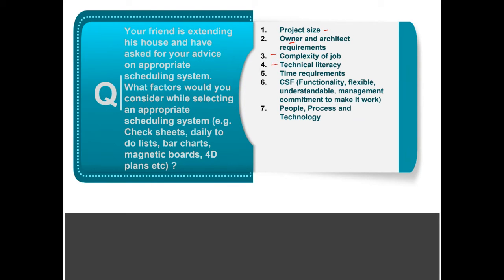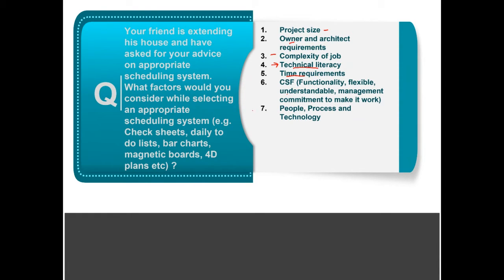Technical literacy, because as we discussed, a schedule is a live document. It's not that you develop it once and forget it. This is something you will be referring to and tracking maybe on a daily basis. So have those people who will be operating that scheduling system got the technical literacy and the will and the motivation to use it? Have they got the time required to operate it? And maybe you can look into the critical success factors: the functionality, is it flexible, is it understandable, management commitment to make it work.